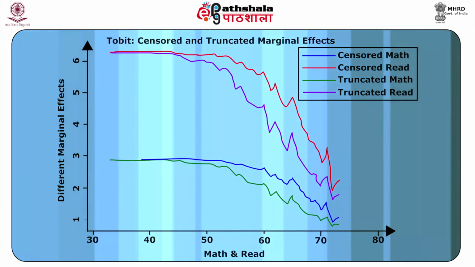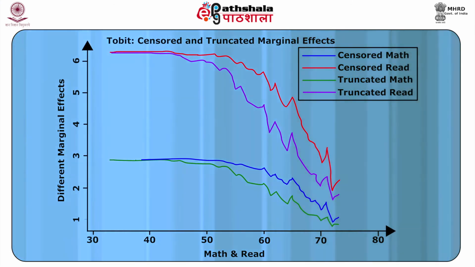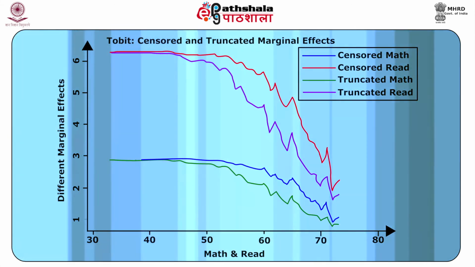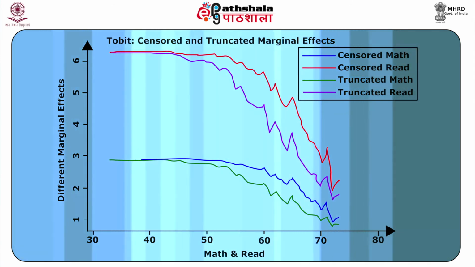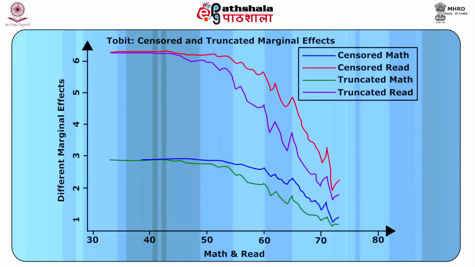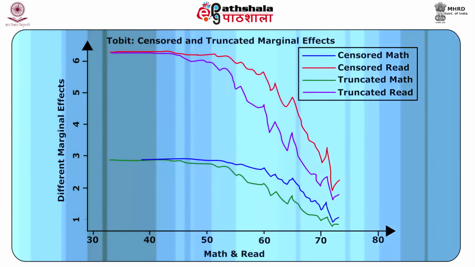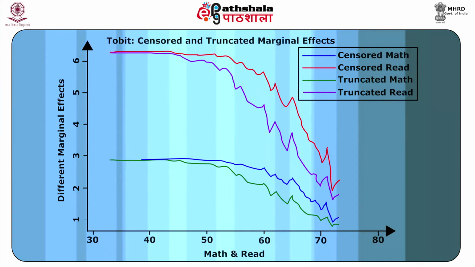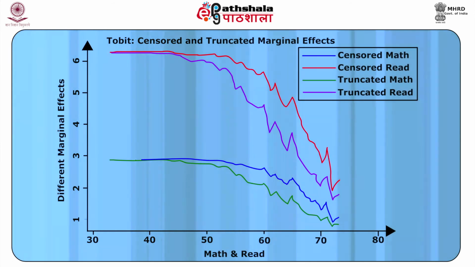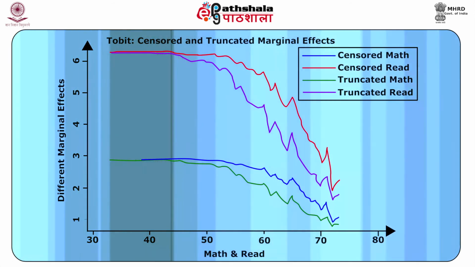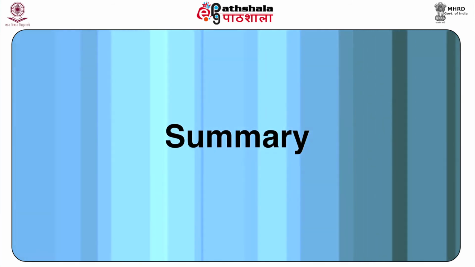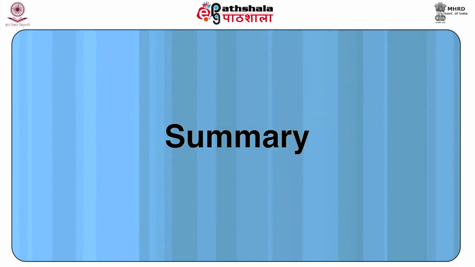The marginal effect of read is higher than maths, and the regression coefficients and the marginal effects at means also suggest that. The marginal effect of both are constant in the beginning but decline after that. We can also see from the above graph that the censored marginal effects are always greater than or equal to the truncated marginal effects.